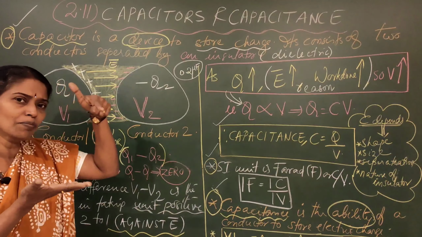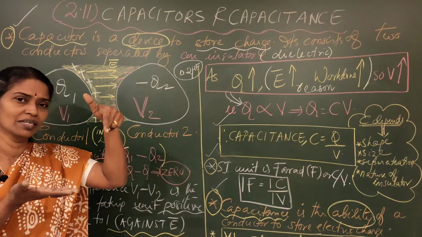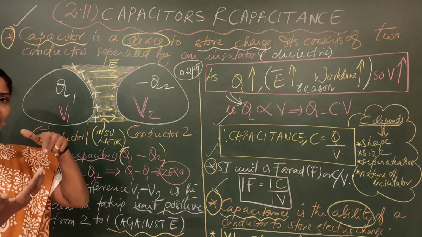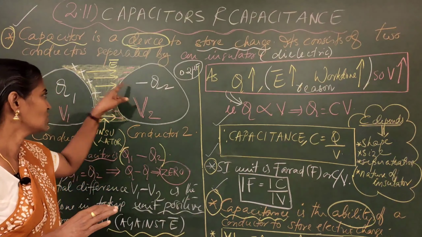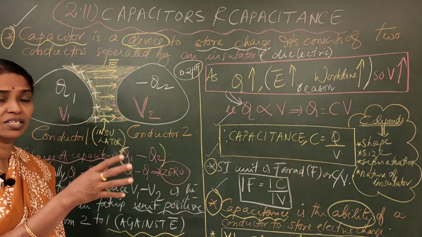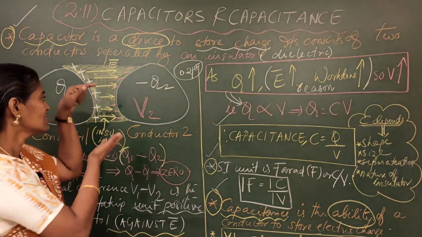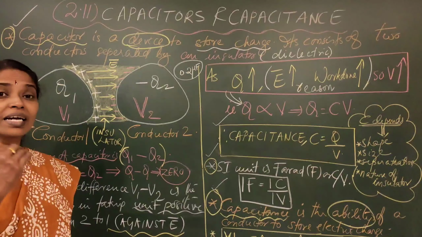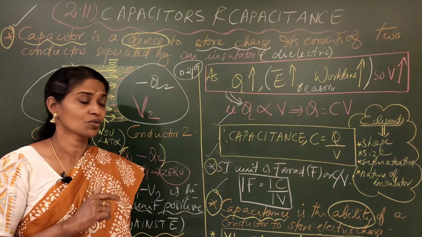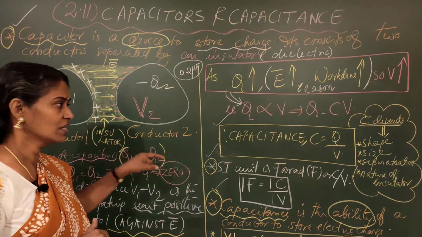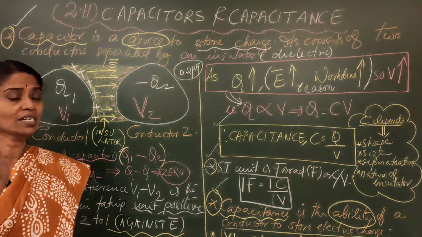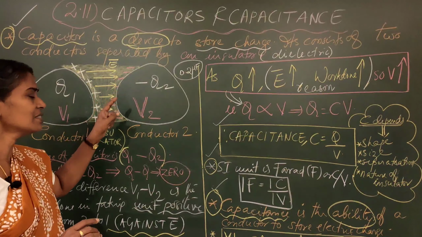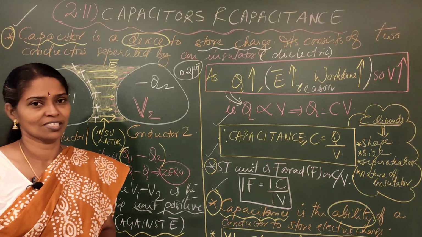So that capability, or that maximum limit an electric field can stand to overcome this destruction of charges or leakage of charges, is known as dielectric strength. So the material in between, the nature of the insulator, is very, very important. Otherwise leakage of charges happens.